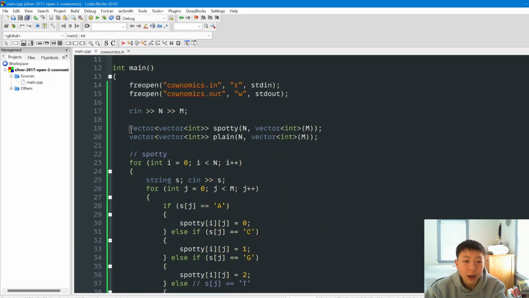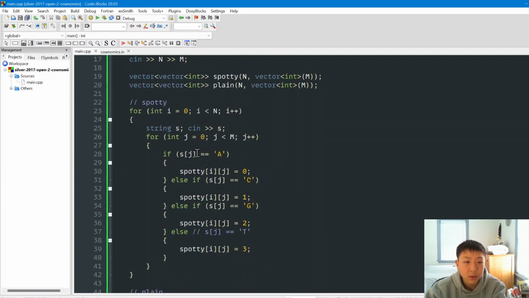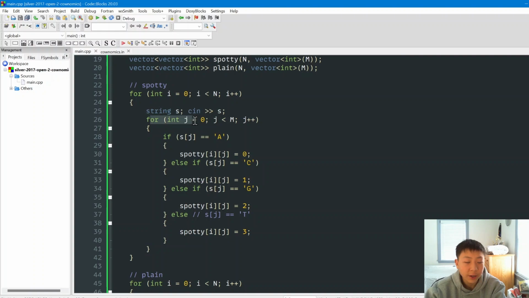And we're also going to have a vector of spotty and a vector of plain. So this is going to be a vector inside a vector. And the first vector is just going to represent the cows, and the second vector is going to represent the actual genes. So we're going to cycle for i from 0 to n. We're going to read in the string s. We're going to cycle again from 0 to m.